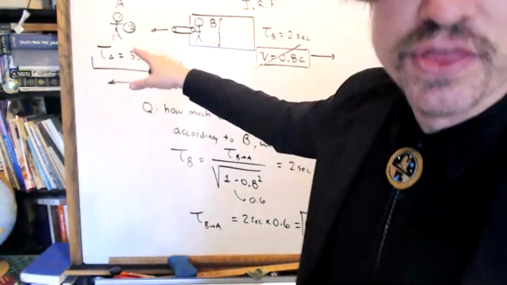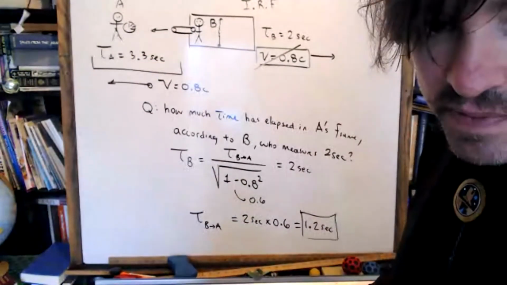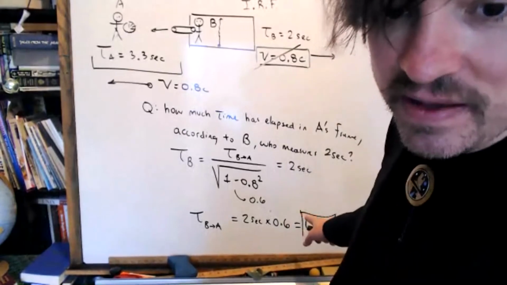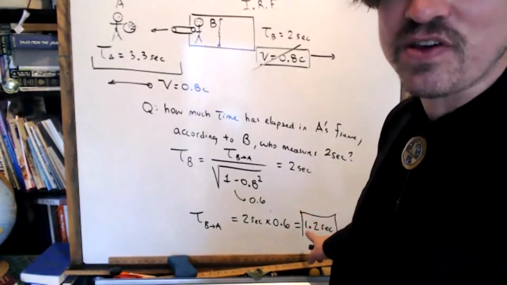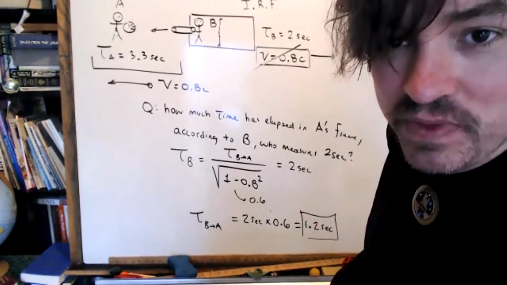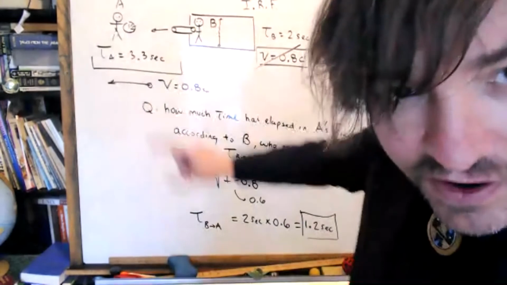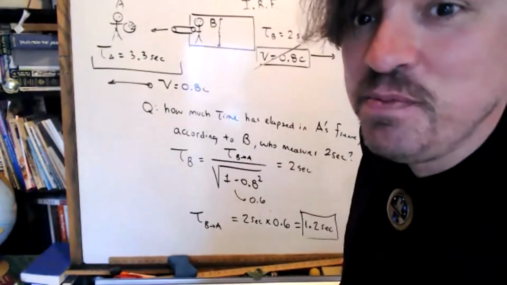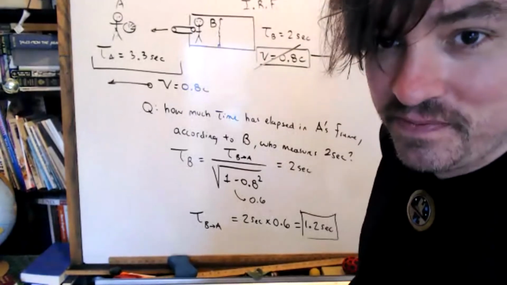A measures 3.3 seconds for the laser beam to fire. But B believes that A is moving and that his clock has only shown 1.2 seconds of elapsed time. Each observer sees the other observer's frame as moving slower than their own.